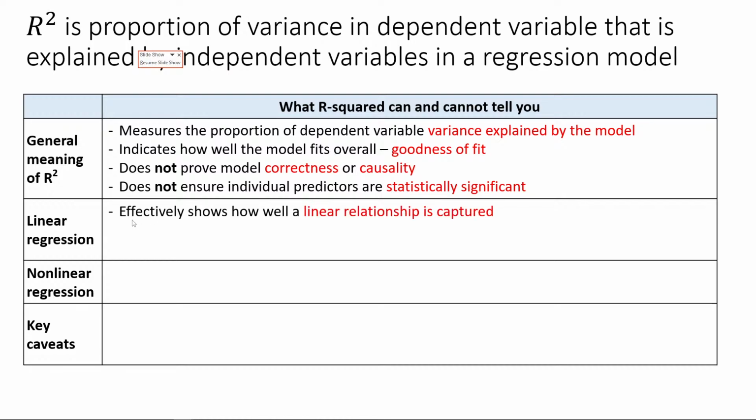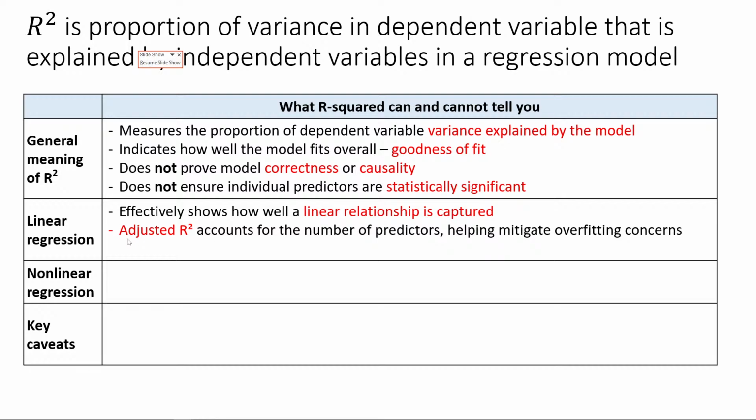In linear regression, it effectively shows how the linear relation is captured, if the linear regression assumptions are satisfied. Adjusted R squared accounts for the number of predictors, helping to mitigate overfitting concerns.